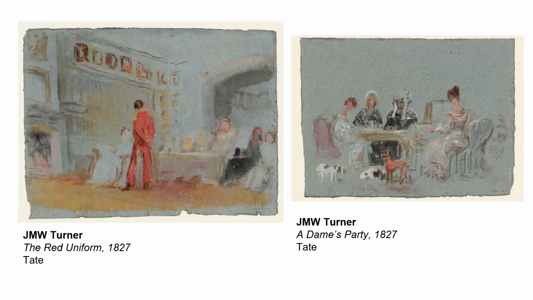And of course, Austen was admired for the economy and precision of her prose and character building as well. You can also see in these pictures Turner as an observer of people.